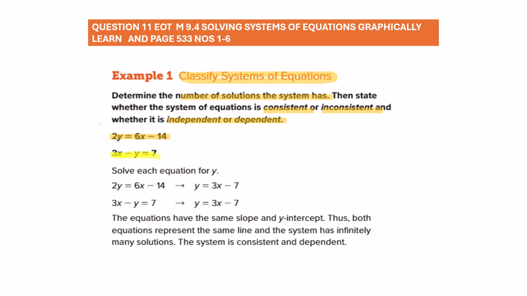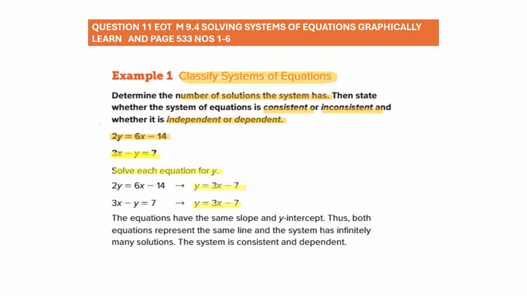So step 1 is to always solve each equation for y. So the first equation, when we solve for y, will give us y is equal to 3x minus 7. And so will the second one, y is equal to 3x minus 7.